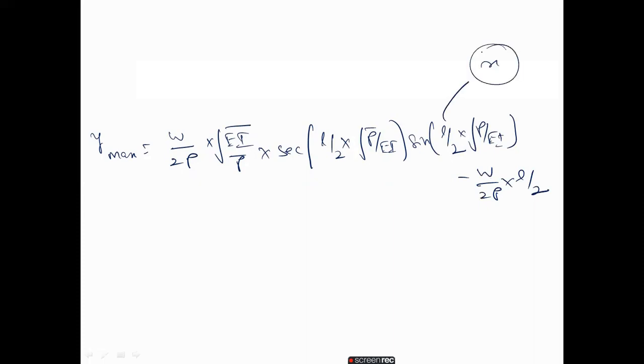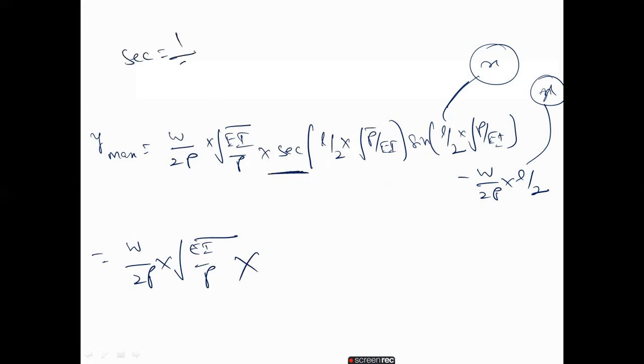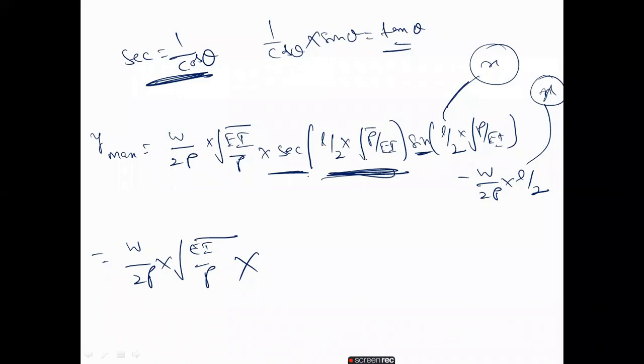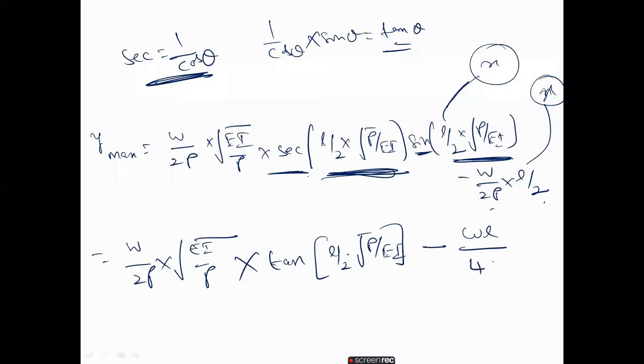Secant is 1 by cos, so 1 by cos theta into sine theta gives tan theta, where theta is L by 2 square root of P by EI. So y max equals W by 2P into square root of EI by P into tan of L by 2 square root of P by EI, minus W L by 4P.